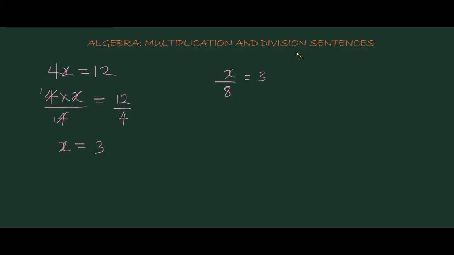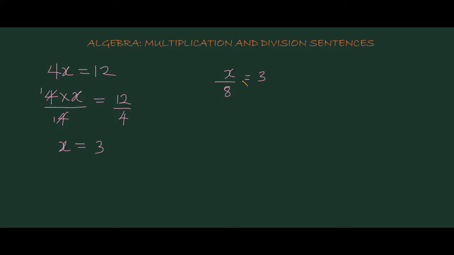So also we have a division sentence. x divided by 8 is equal to 3. To make x stand alone on the left hand side, we multiply by 8.